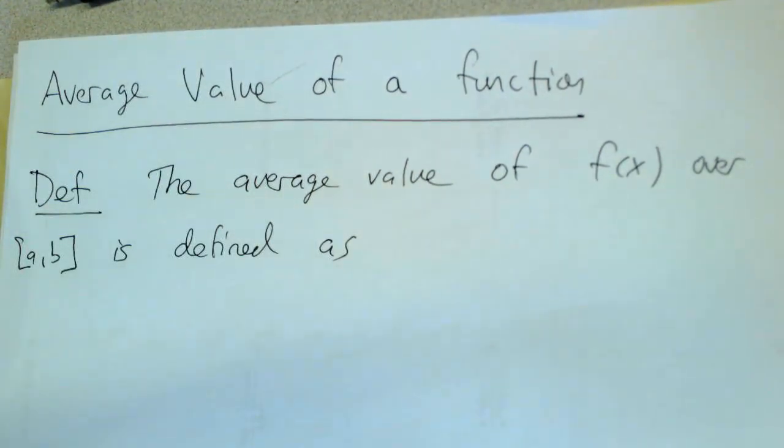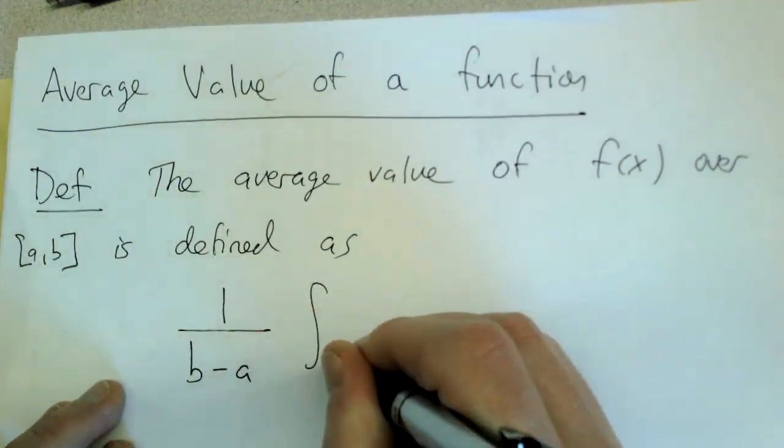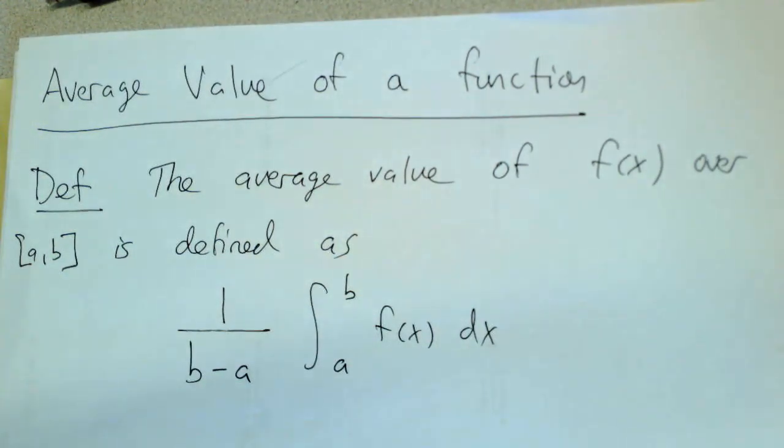We can only define the average value of a function over a specific interval. So the average value of the function f of x over the interval a, b is defined as, and this is a definition, 1 over b minus a times the integral from a to b f of x dx. And that's kind of it. That's the end of the lesson.